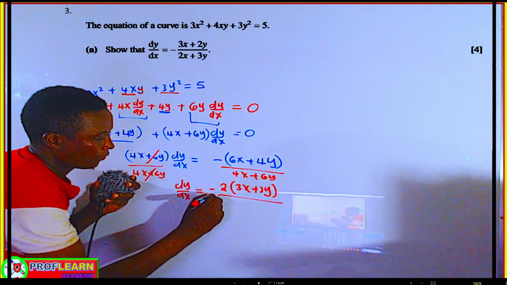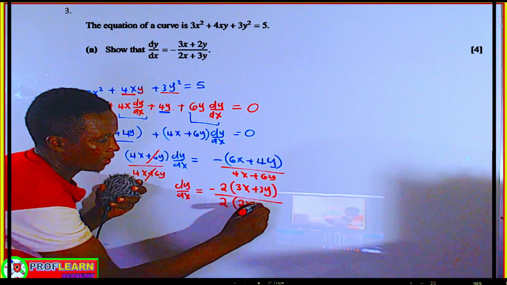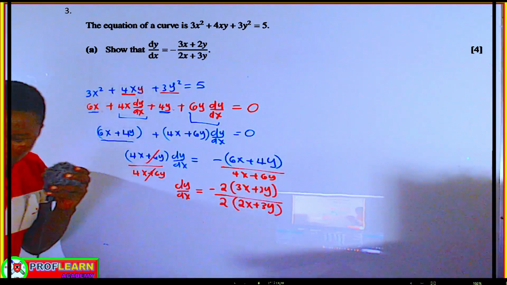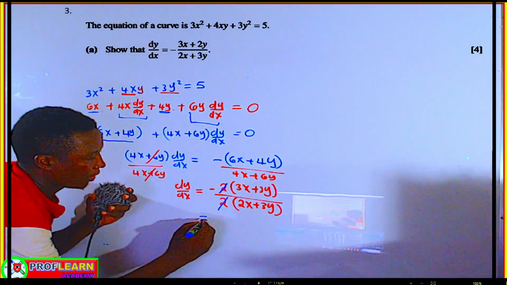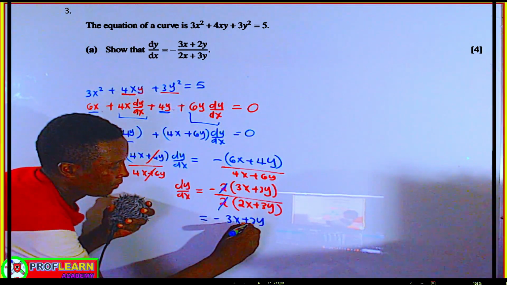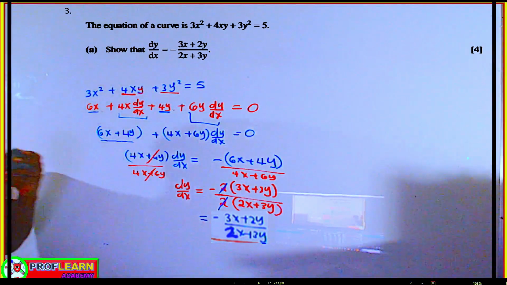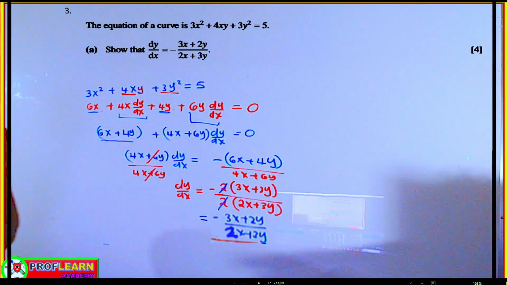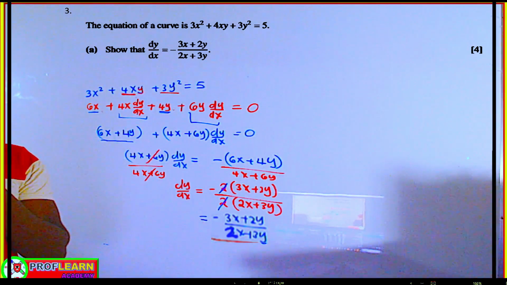And on this point, we factor out 2, and we are going to remain with 2x plus 3y. And we can cancel this out. And our final answer becomes negative (3x plus 2y) over (2x plus 3y). So this is the expression that we were supposed to show as per this particular question.